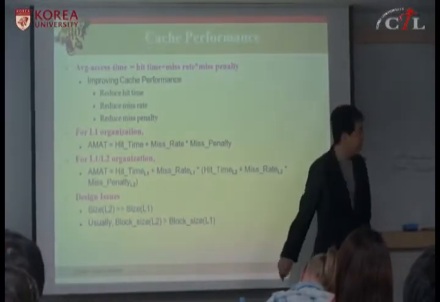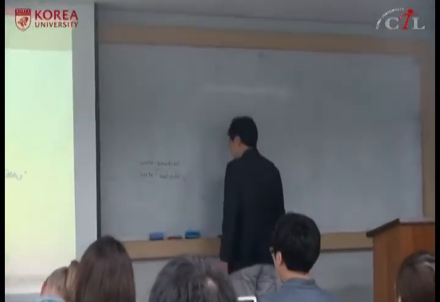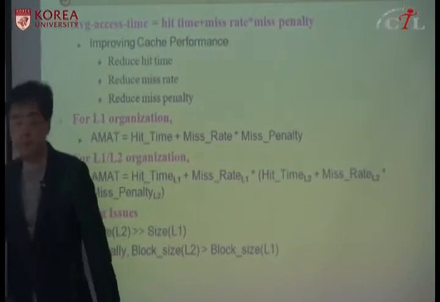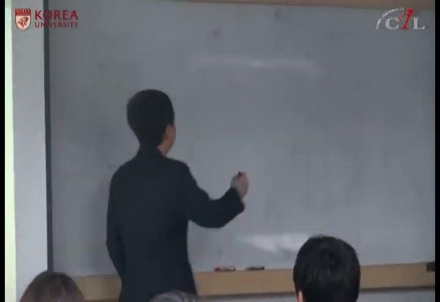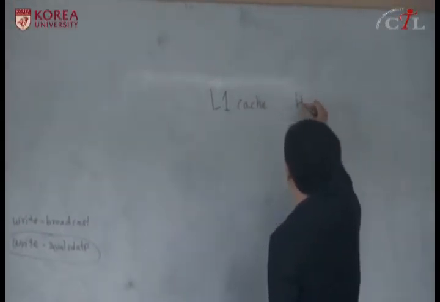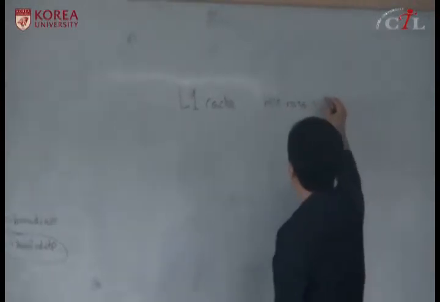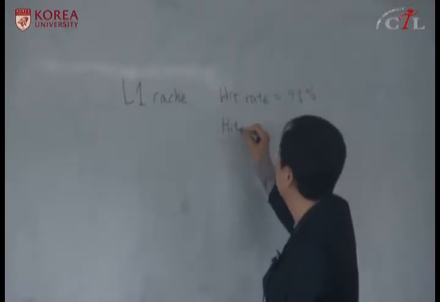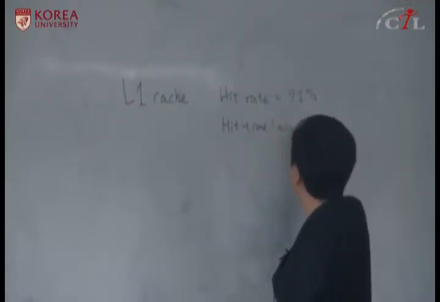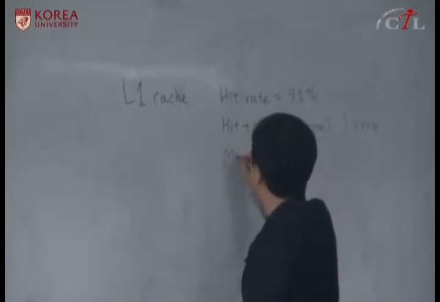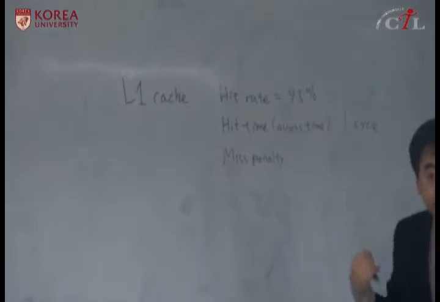Let's look at this average memory access time a little bit. Let's say you have an L1 cache and the hit rate is 95%. The hit time, or access time, is one CPU cycle. If you miss, you have to go to memory and get the block.